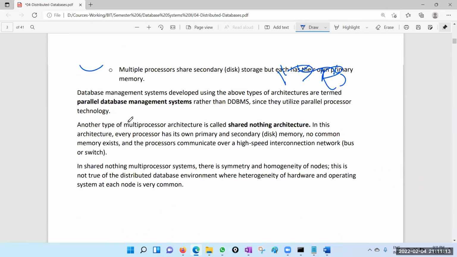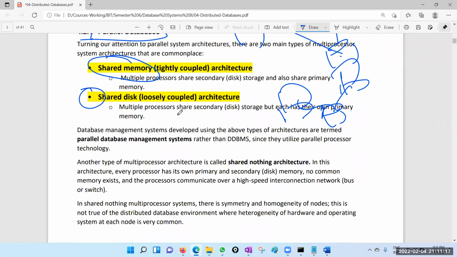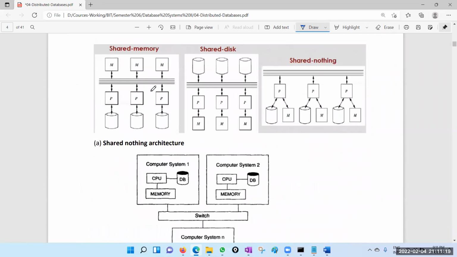So this is shared memory. The memory is also shared, so this machine can access others' memory. You can see this database record can be in this memory or this memory or this memory, and this database content can be in any of these memories.